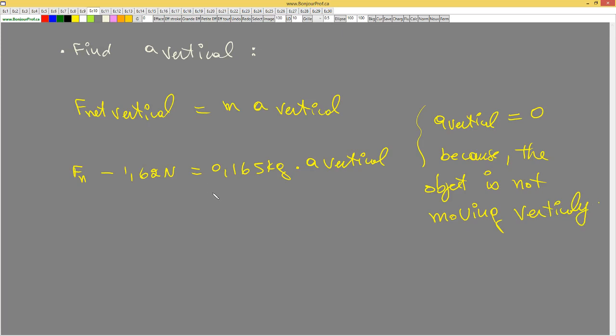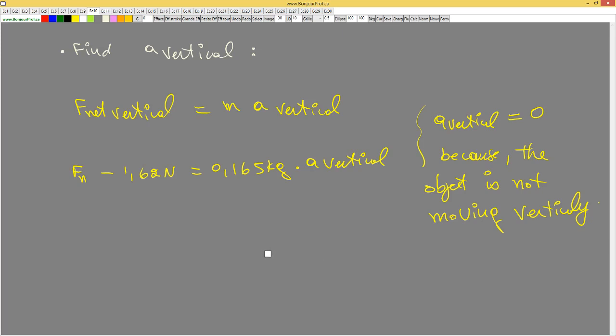If an object is not moving in some direction, the acceleration in that direction is 0. If it is not moving horizontally, the acceleration is 0. An object standing still has acceleration 0.